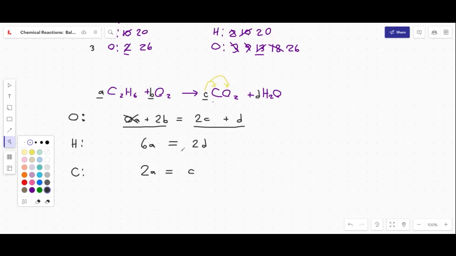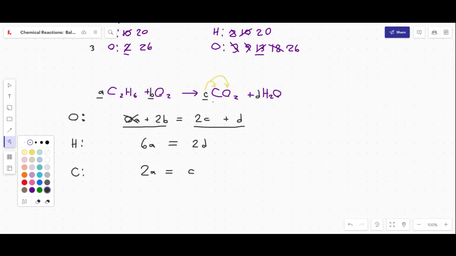I have 3 equations and 4 unknowns. But I can actually do this because of these relationships. What I want to do is solve for each one of these in terms of one of the variables.